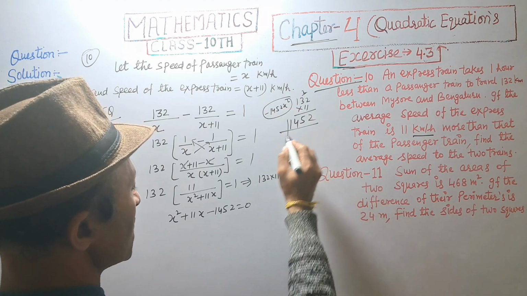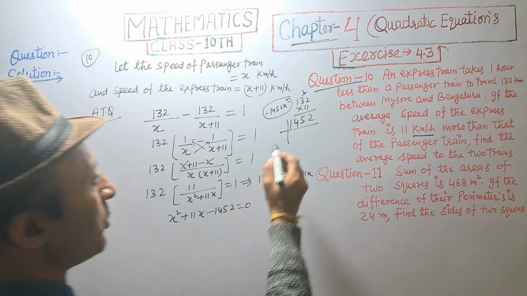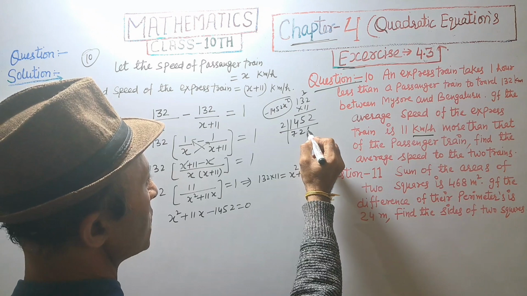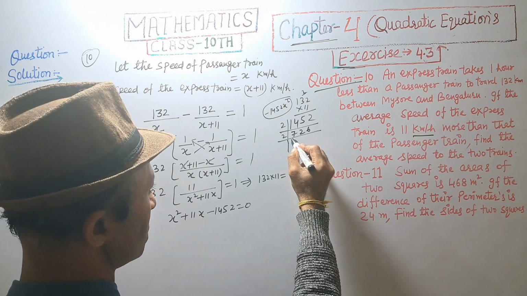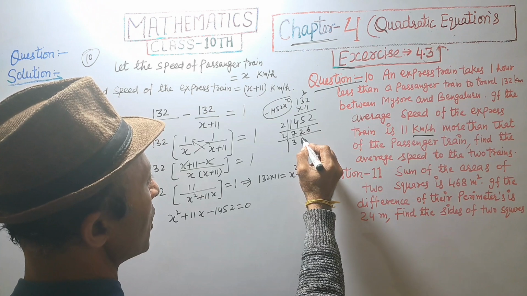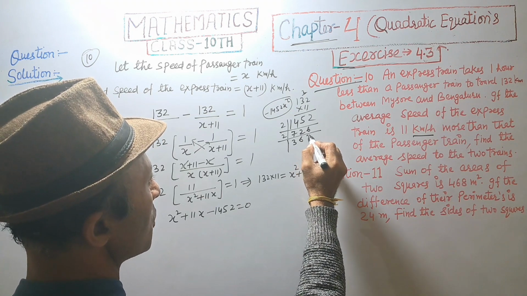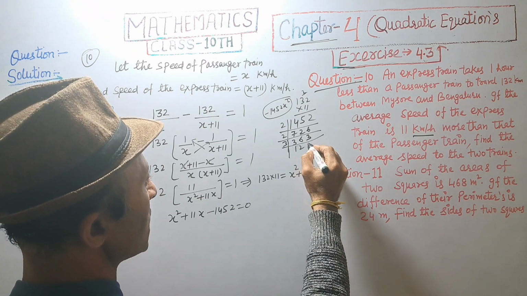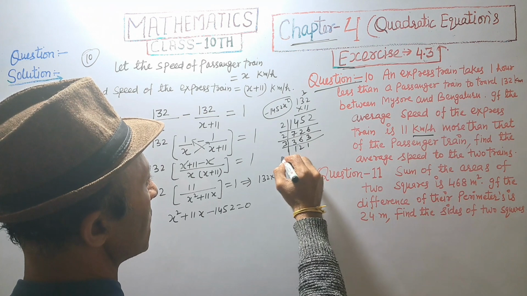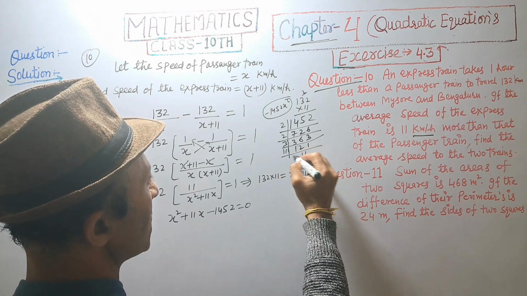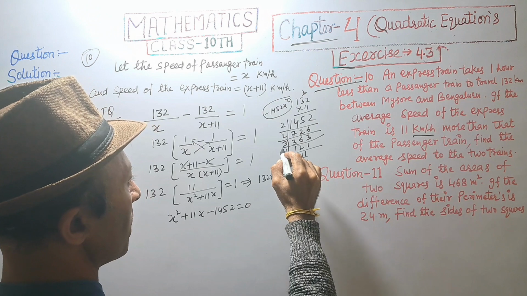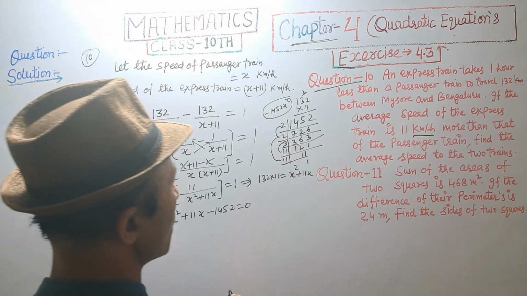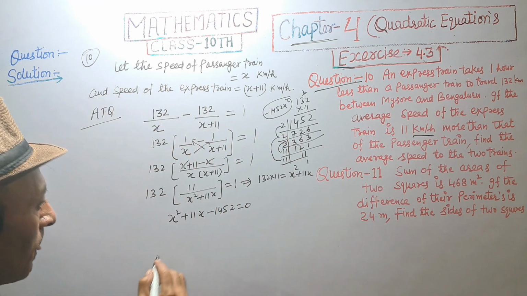Prime factorization of 1452: 11 3s are 33, 11 2s are 22, 22 2s are 44.